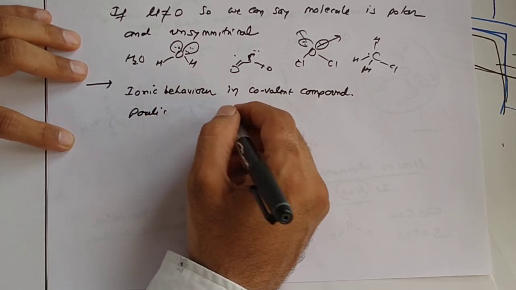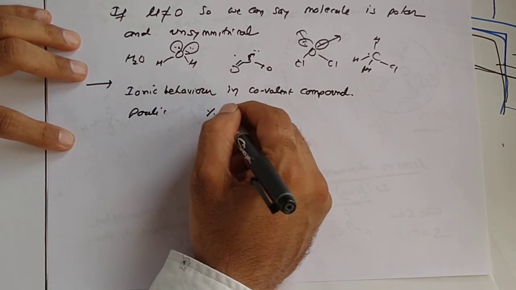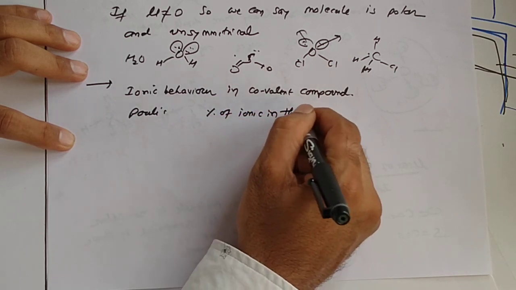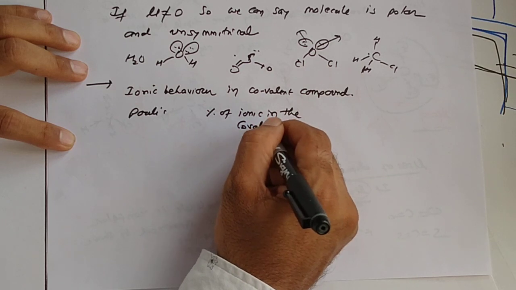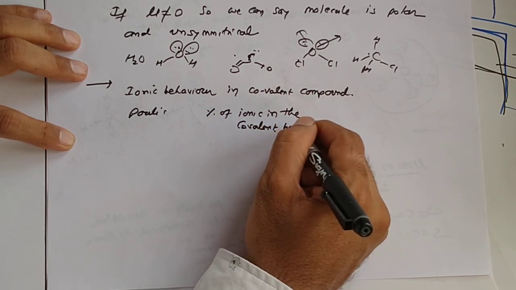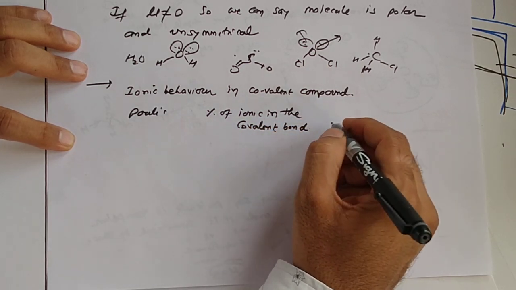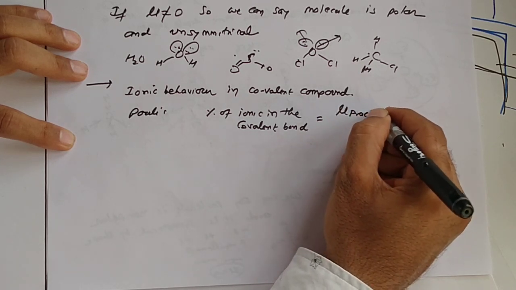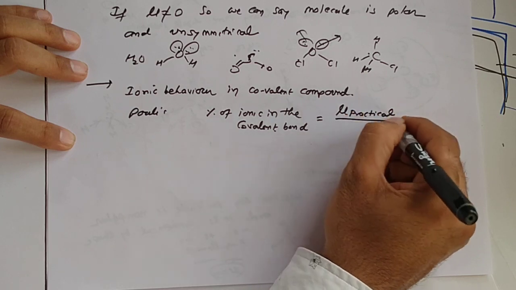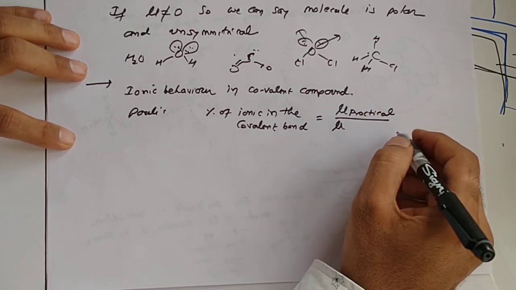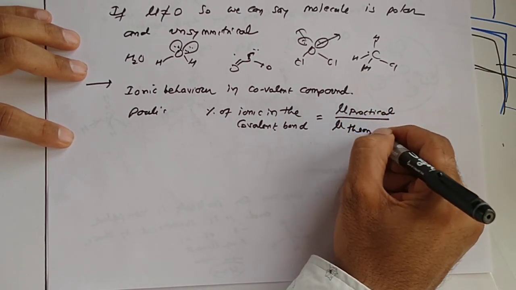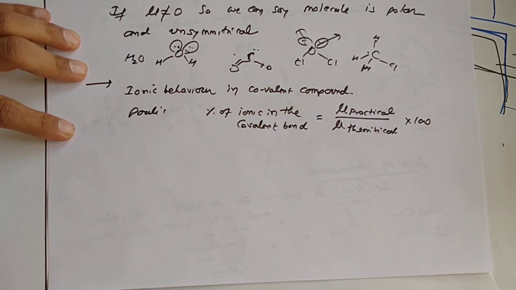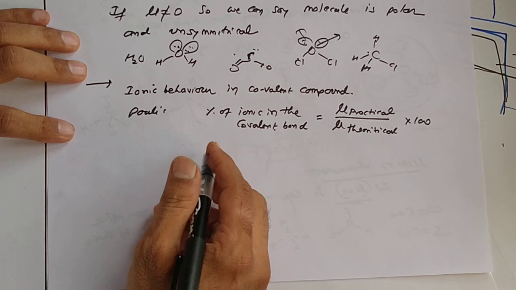For that, percentage of ionic character in the covalent bond is equal to the practically derived value of mu upon the theoretical value, and multiply by 100, it gives the percentage.